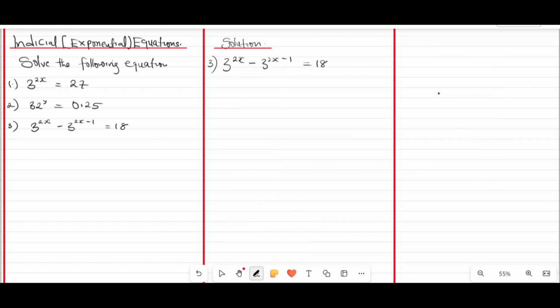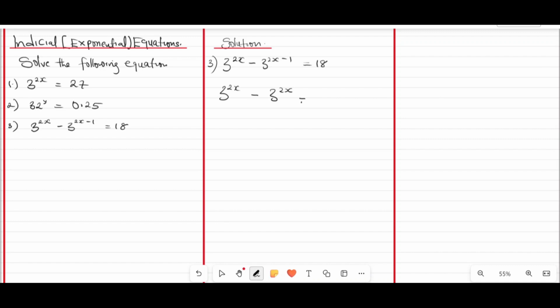So number 3 is given as 3 raised to the power 2x minus 3 raised to the power 2x minus 1 equal to 18. So I know that this can be written as 3 raised to the power 2x minus 3 raised to the power 2x, divided by 3, since we have a negative sign.